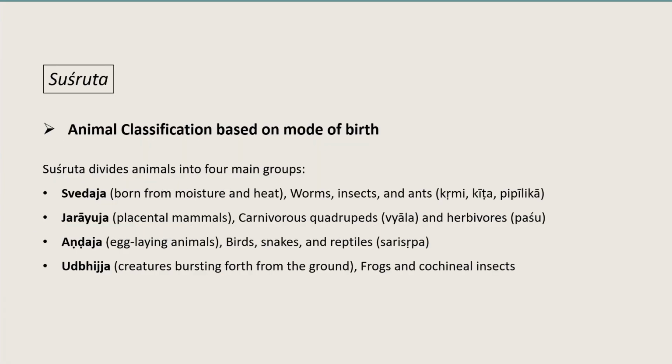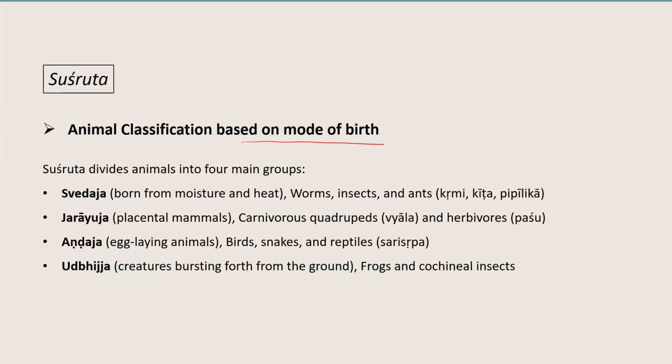Now, according to Sushrut, animal classification based on mode of birth. In the earlier part, we have seen the classification of animals according to Charak on the basis of birth and living style, and now we are moving towards the observation of Sushrut, who mentioned some other categories related to animal categorization on the basis of their birth and living pattern.